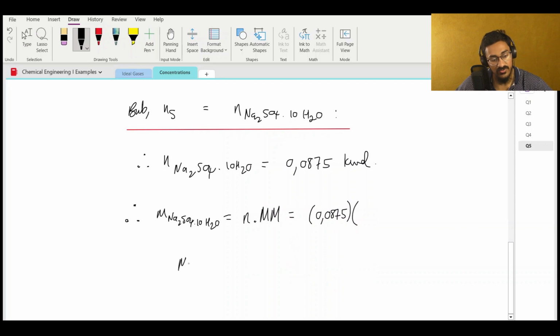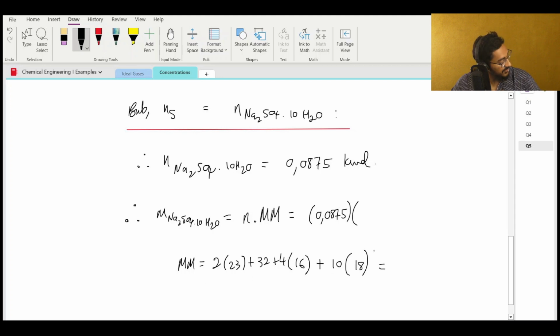So let me just show you how to do it. The molar mass of this horrible crystal is 2 times 23 plus 32 plus 4 times 16 plus 10 times the molar mass of water, which is 18. And if you put all of that into your calculator, you should end up with... sorry, I see I didn't calculate it, but that's okay.